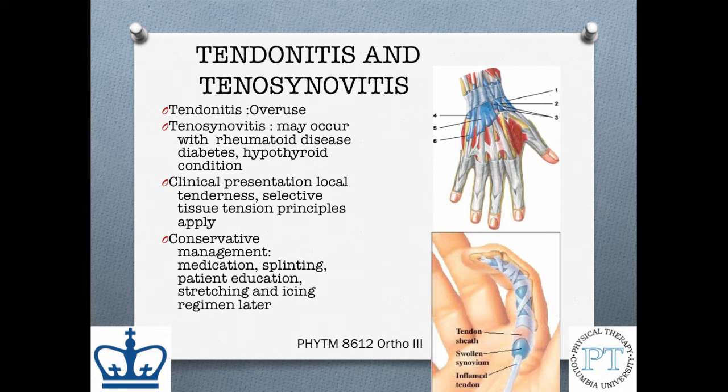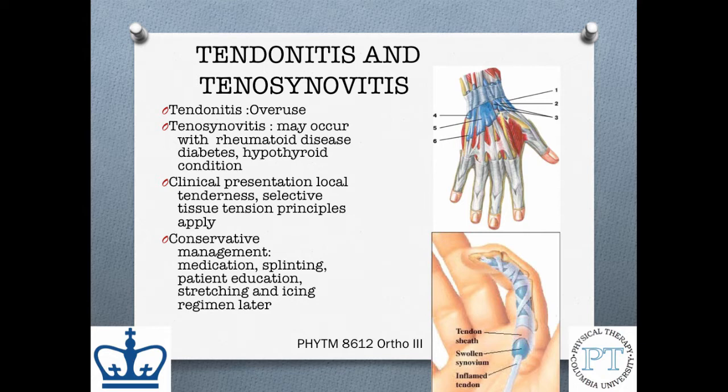And typically what we see when a patient comes to see us, they have local tenderness over that particular tendon or tendons. And then if we apply the selective tissue tension principles, meaning if we stretch that tendon, it'll be uncomfortable. If we actively use that tendon, it'll be uncomfortable. And if we resist that tendon, it'll be uncomfortable.